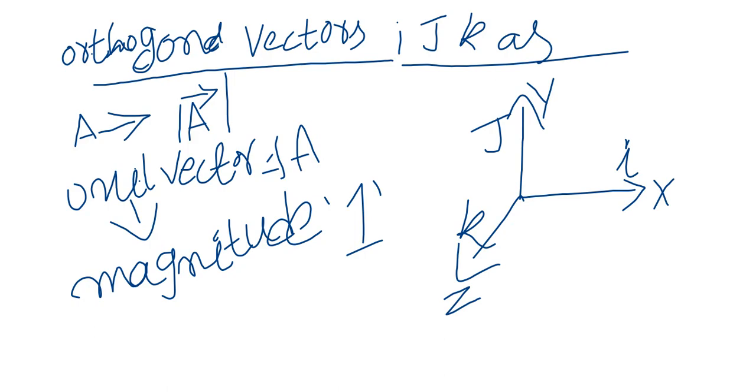We represent these orthogonal vectors with I cap, J cap, K cap.